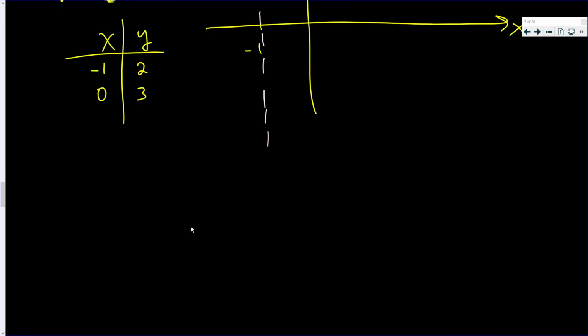Let's try one more. Suppose you were asked to graph y is equal to negative 2 to the x minus 1, plus 2. Well, this is negative (2 to the x minus 1, minus 2).